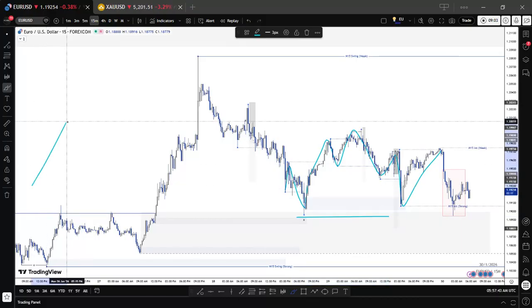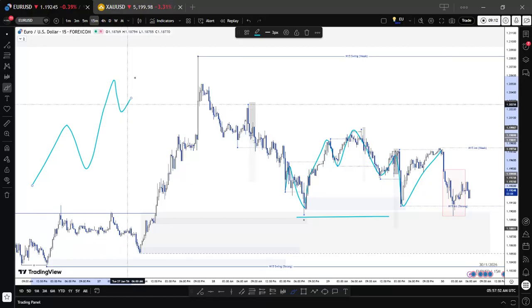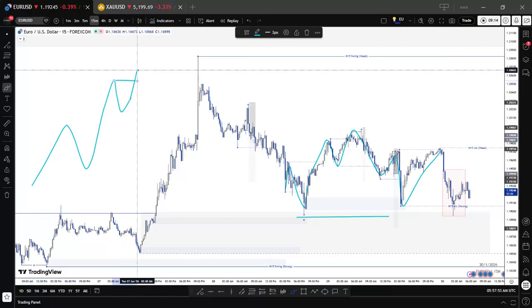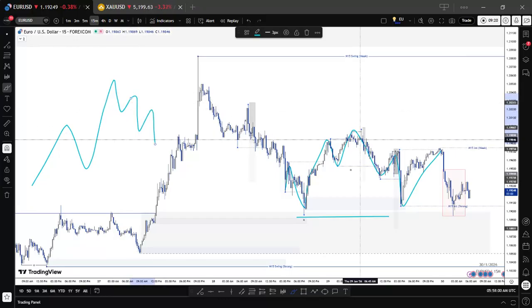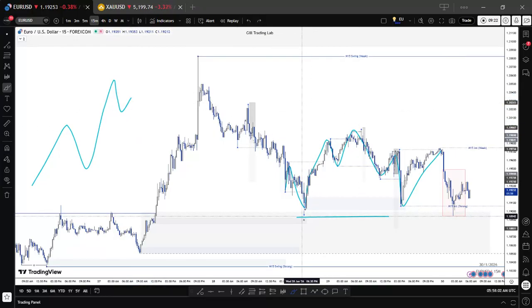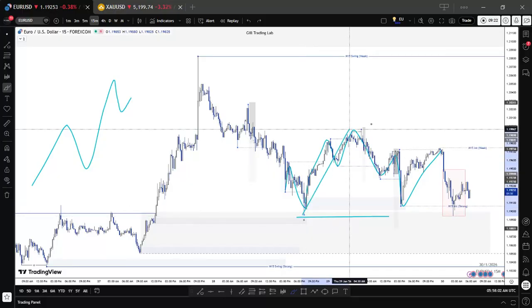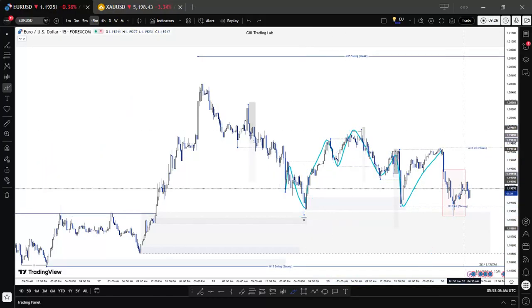So the 4-hour swing is bullish. After the break of structure, a swing pullback is expected, and the internal structure can form like this, or it can form like this. It can start to form in the pullback. So in this case, we can see internal structure is now forming here within the pullback. I hope you all understand.